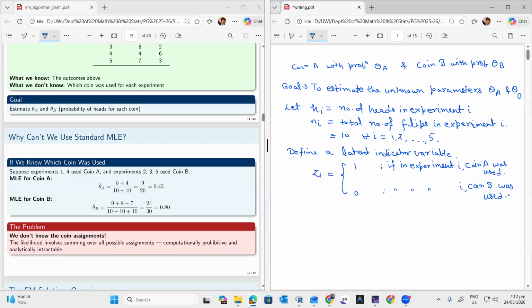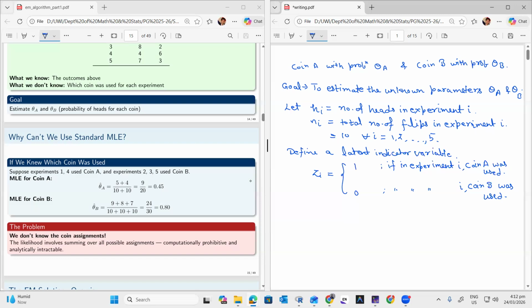This is the indicator function that we are going to assume here. The variable Zi is not observed, so that's why it is a missing data or latent variable, and we are going to use the EM algorithm to handle it.